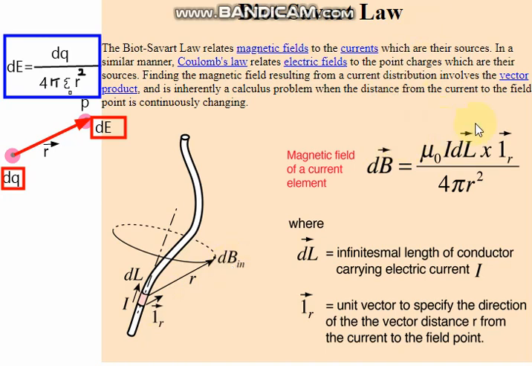So this equation gives us Biot-Savart law, which is applied to determine the magnitude of the magnetic field at any point P due to the current distributions.